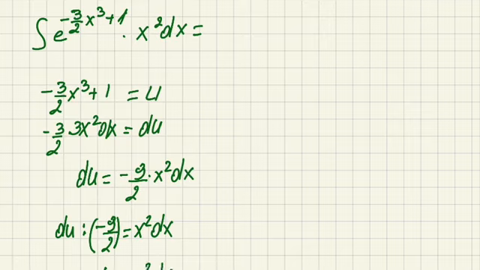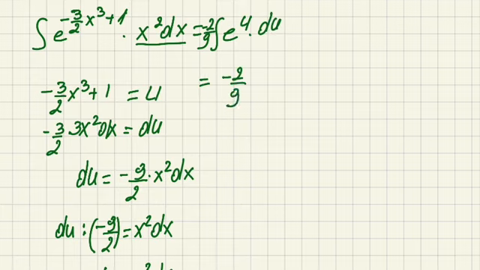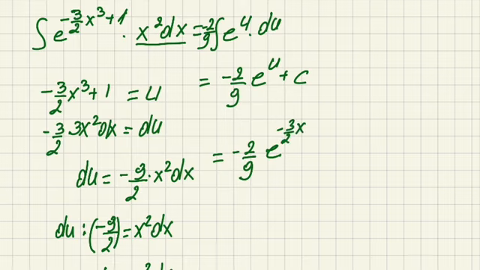For this reason, our integral would be equal to the integral of e to the power of u times du, which is x to the second power dx. For us, it is minus 2 over 9 du. For this reason, this integral would be equal to minus 2 over 9 e to the power of u plus constant, which means it is equal to minus 2 over 9 e to the power of u. For us, it's minus 3 over 2 x to the third power plus 1 plus constant.